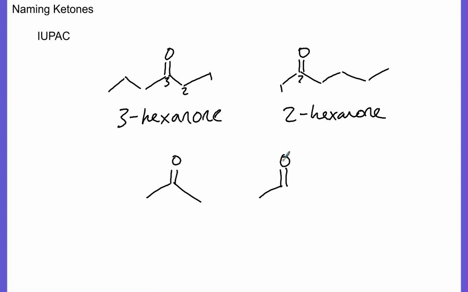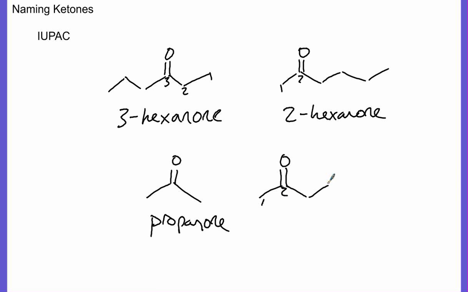It has to be an aldehyde if there are 2 carbons or less. But as long as there are 3 carbons, I could have a propanone as drawn here. I do not need a number for propanone because there's only one possible place that double bond could be. Again, this example on the right with only 2 carbons can't possibly be a ketone.